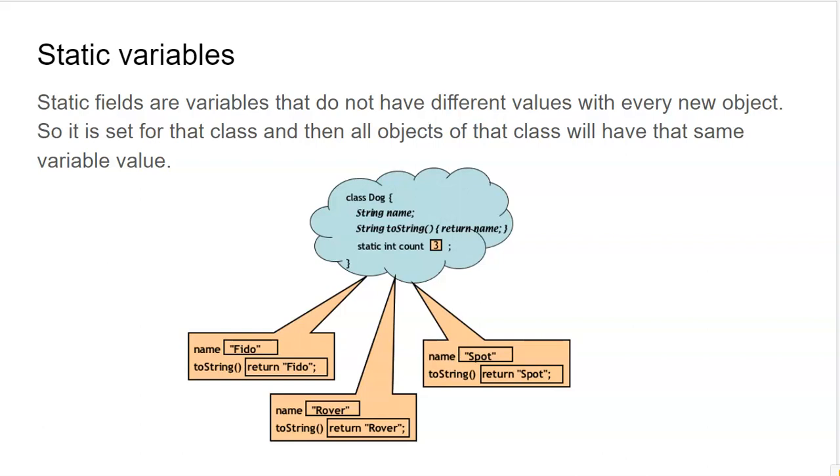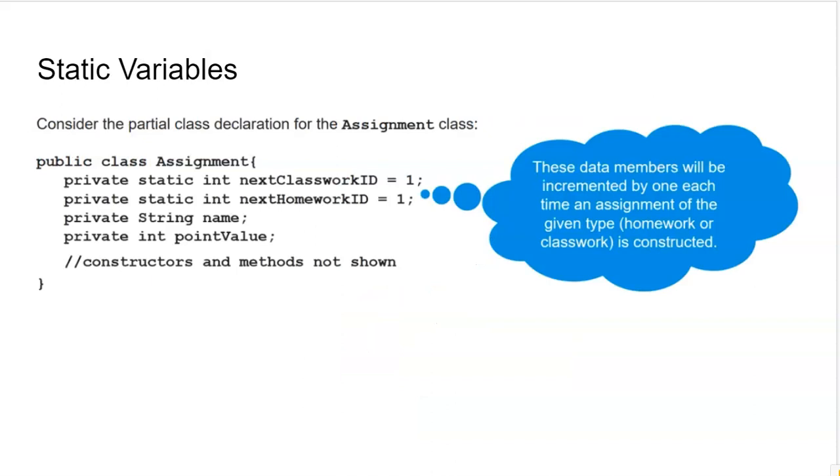Here's another example. Say we have a class called assignment, and the assignment class has a few different attributes. We have a name and we have a point value. For example, if I have some classwork assignment, it's going to have a name and a point value.